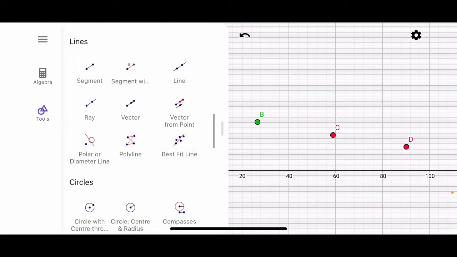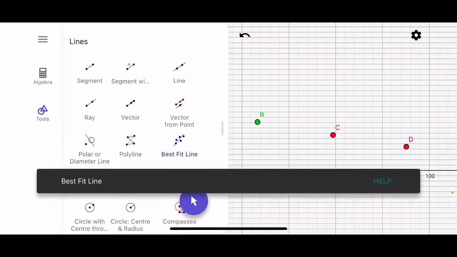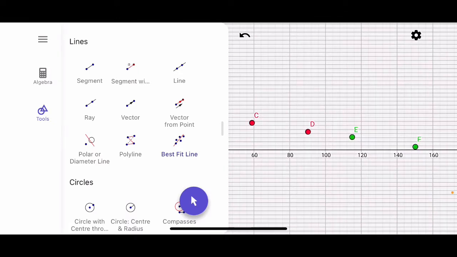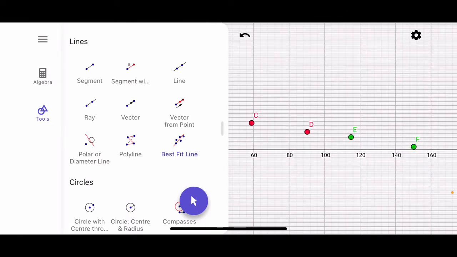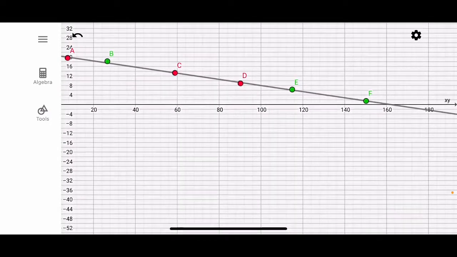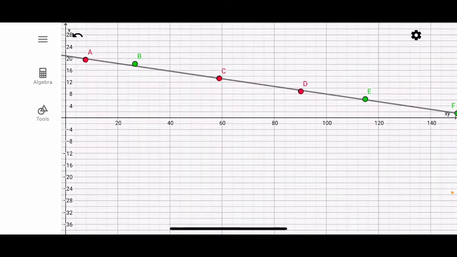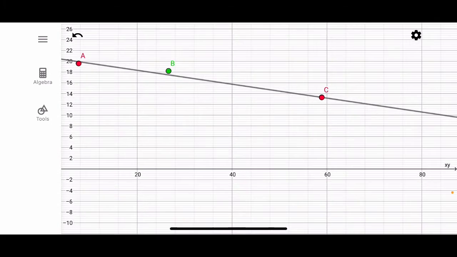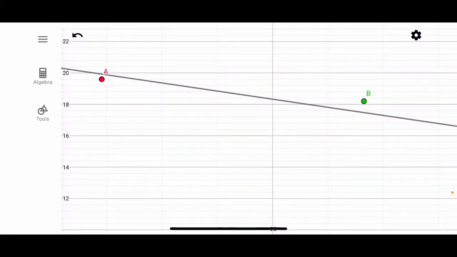Okay, I'm going to use C and the last point, CF. Alright, again, CF. Let's study the line CF. Is it the line of best fit? Now, as you can see, this point was below the line.